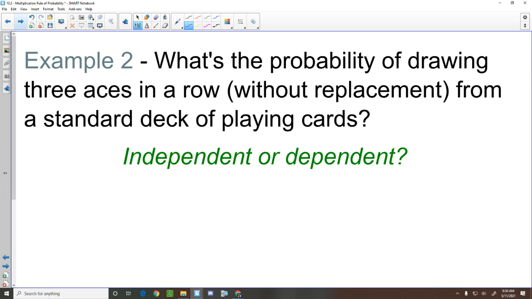Yeah, these are going to depend on one another because after the first event occurs, it's going to change the probability of the second event occurring. And the third. These are dependent events, for sure. And it's sequential events occurring, so we're going to be multiplying.